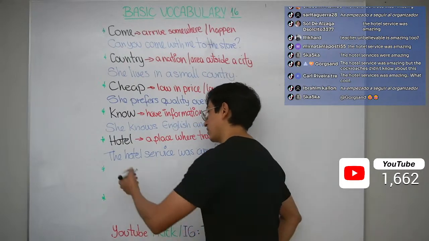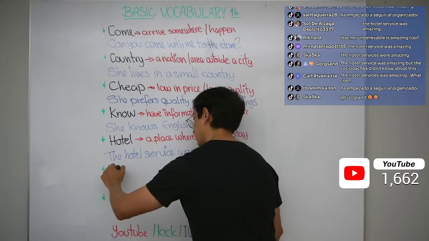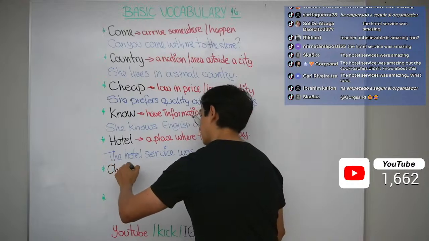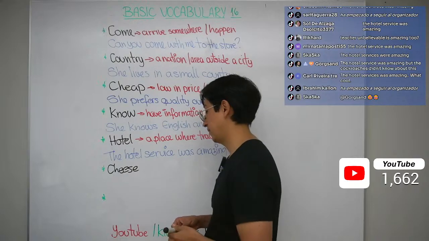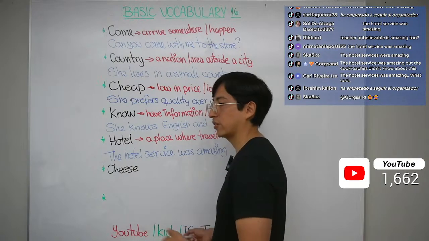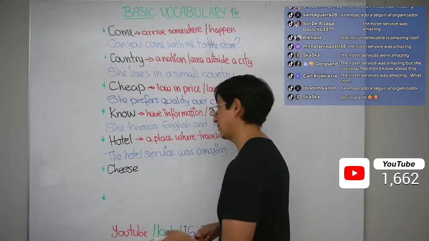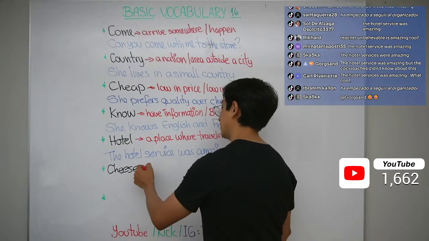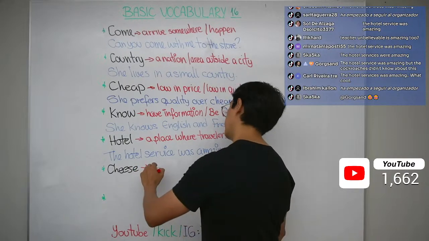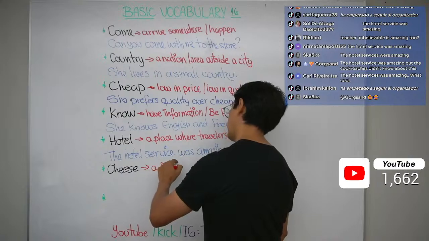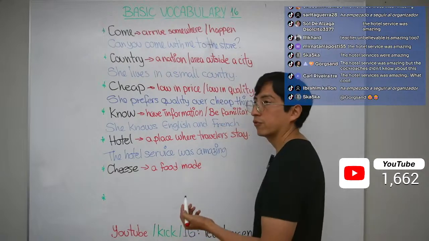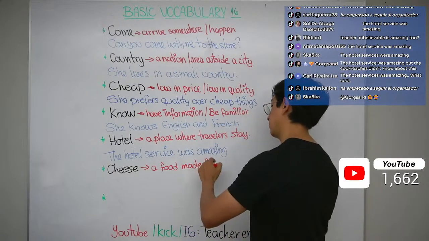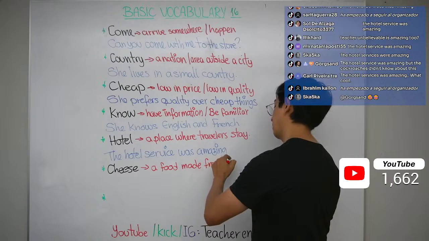Okay. Well, guys, let's continue with the next word. In this case, we're going to use cheese. Let's talk about food. In this case, we're talking about cheese, right? What does cheese mean? This is a food made from milk.